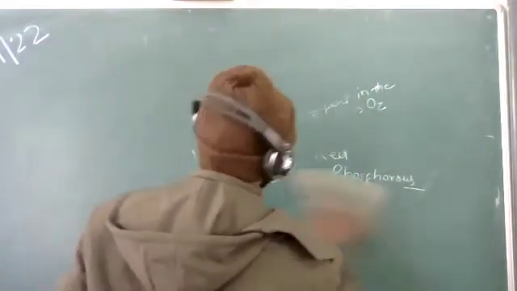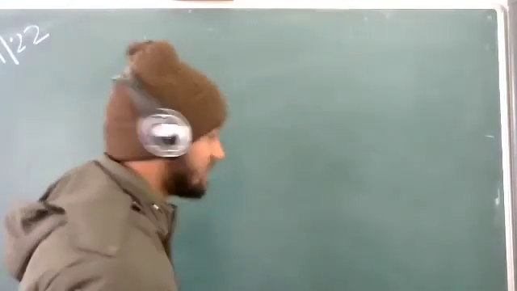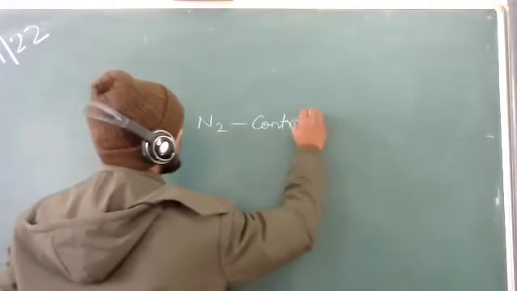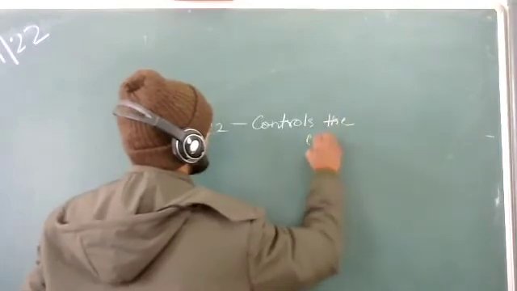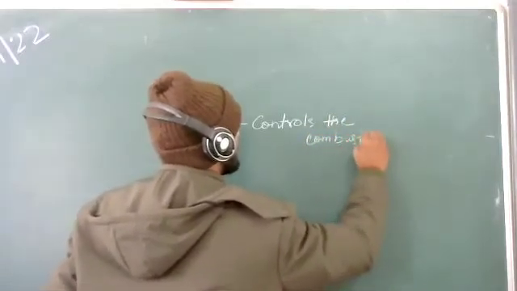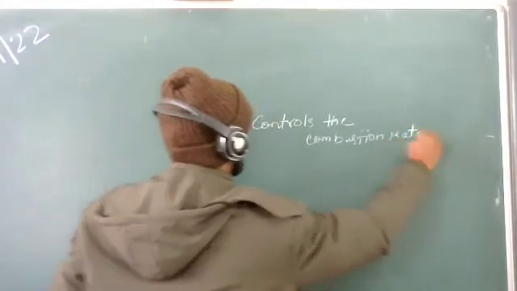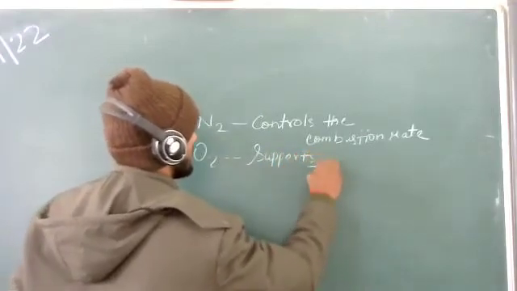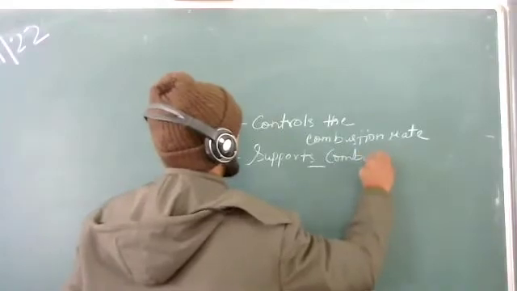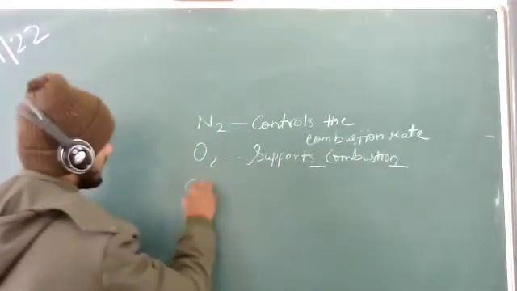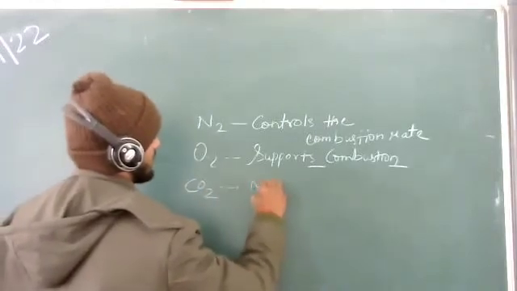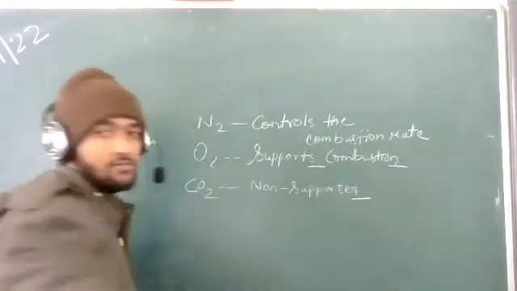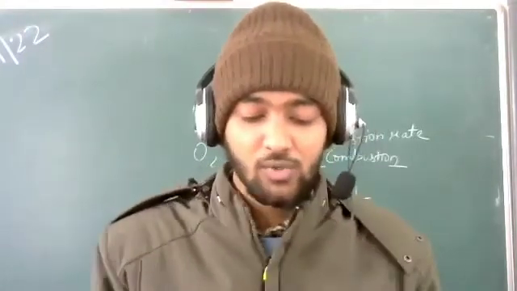So three things we have discussed: nitrogen controls the rate of combustion, oxygen supports combustion, and carbon dioxide is a non-supporter of combustion.